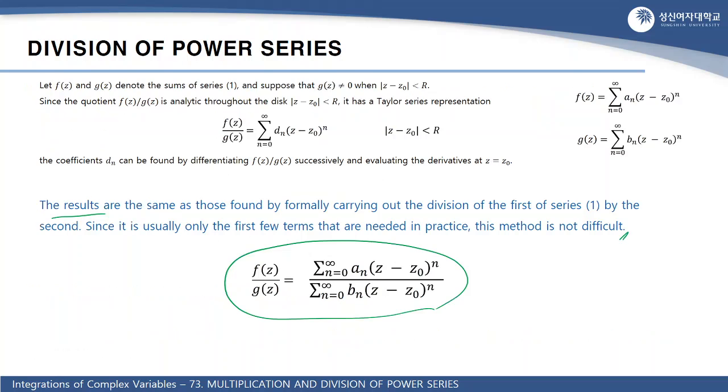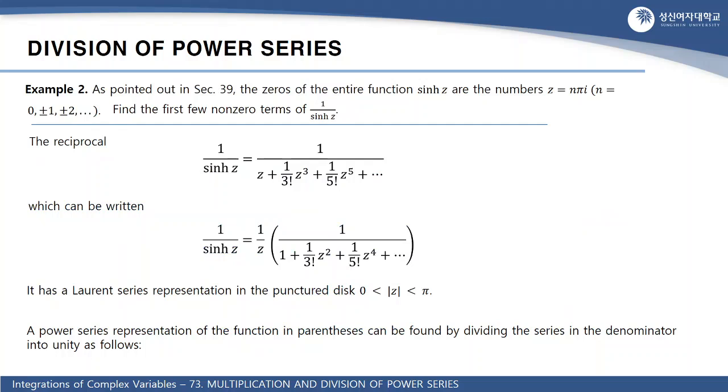As pointed out in section 39, the zeros of the entire function hyperbolic sine z are the numbers z equals n pi i, where n goes from minus infinity to infinity in both directions. That means n could be plus or minus 1, plus or minus 2, integers. The problem is to find the first few non-zero terms of 1 over hyperbolic sine z.